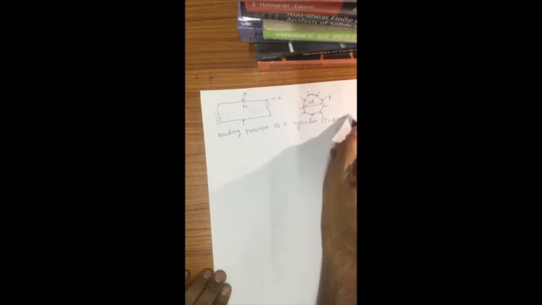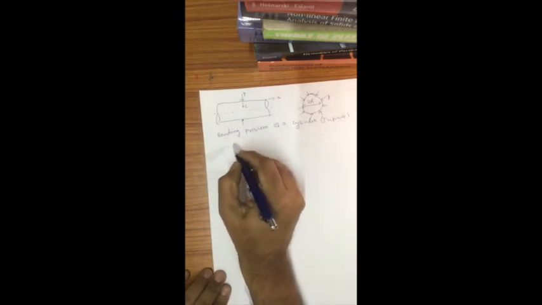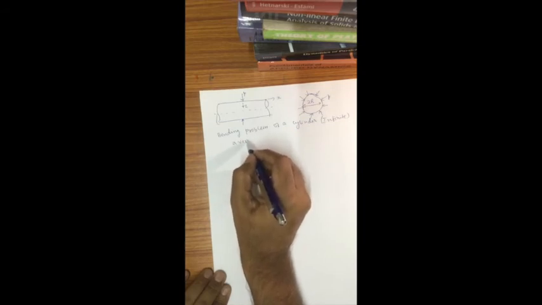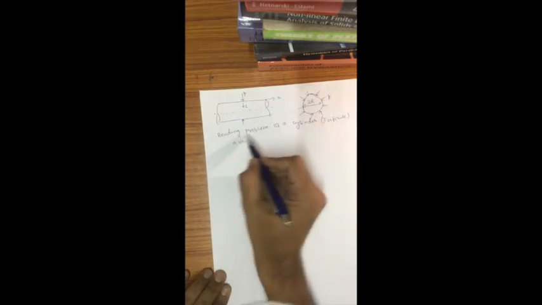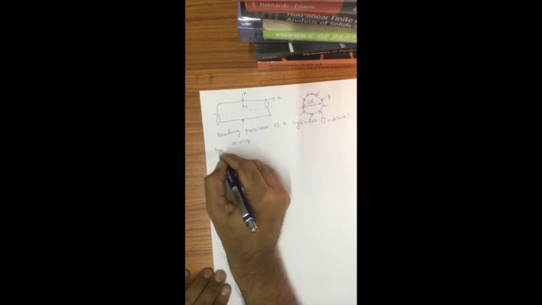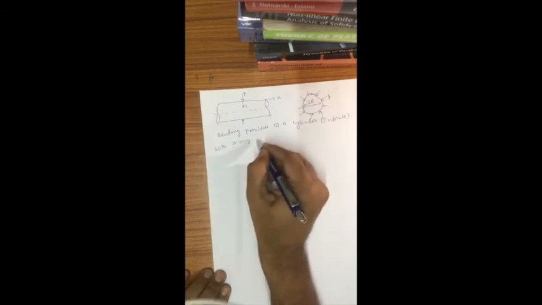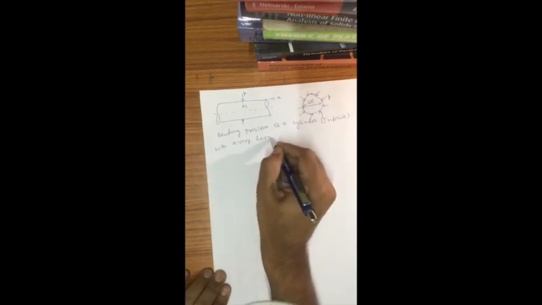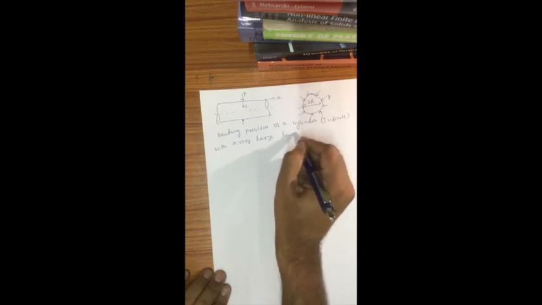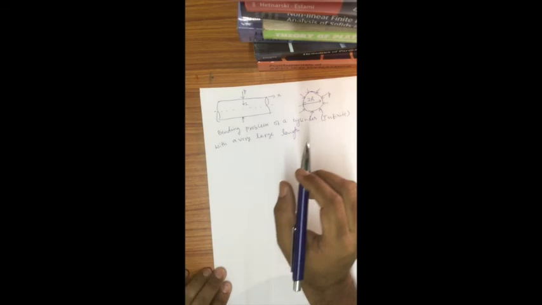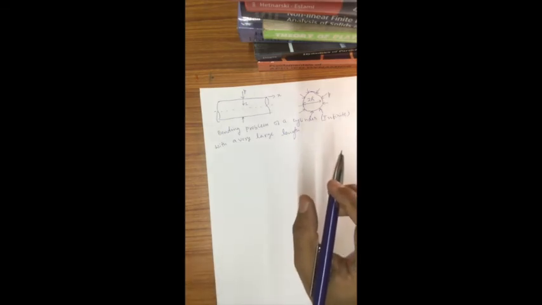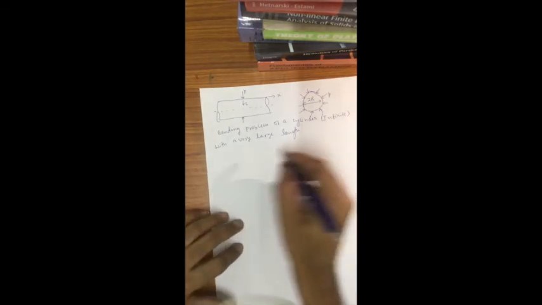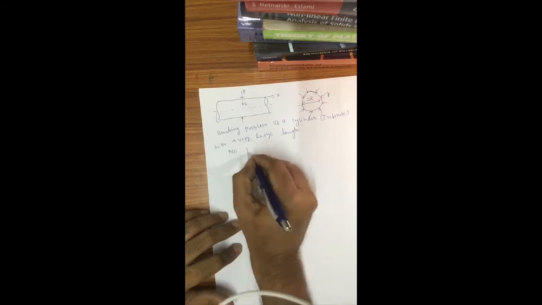The cylinder is infinite, that means it is the bending problem of a cylinder with a very large length. We are considering it as an infinite cylinder or a pipe.